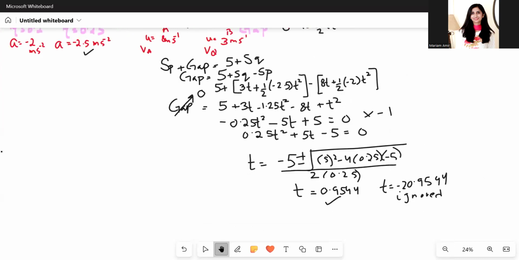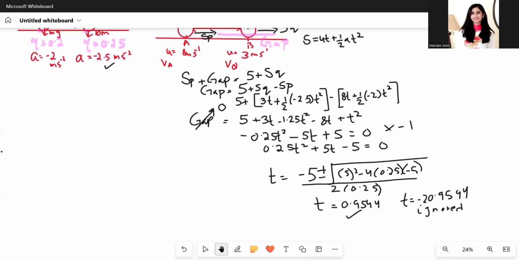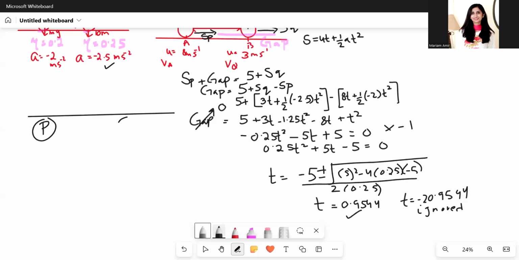So at this time, the gap between the particles is 0, and that is when the particles are just about to collide. Now we need the final speed at this point. For P and for Q, we have the values. For P, u was 8 and a is minus 2.